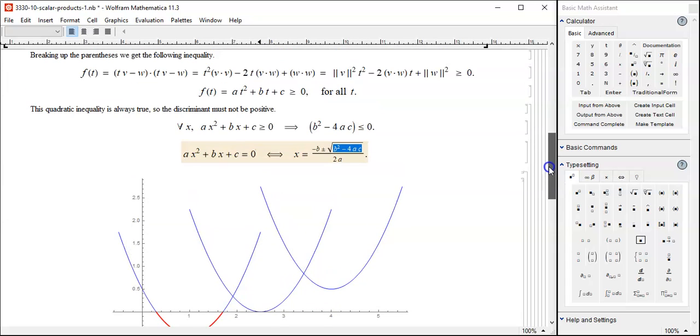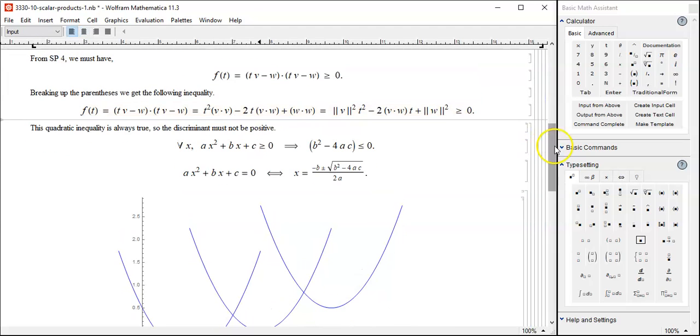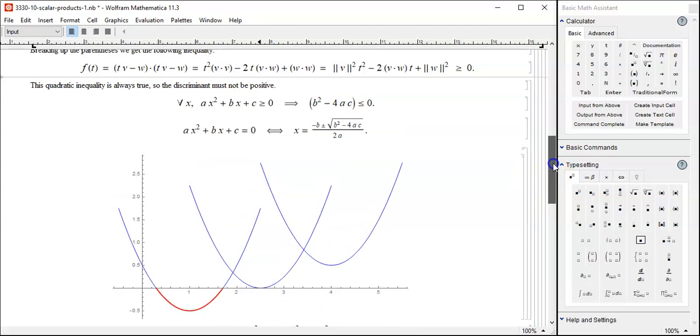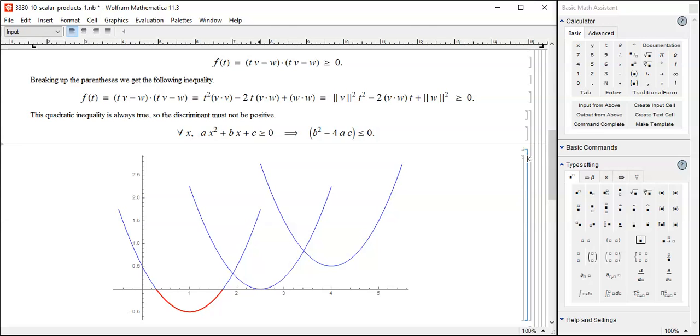So we are looking at the inside of the square root being less than or equal to 0, basically, because this quadratic expression is always greater than or equal to 0. We should not be having this. It should be either this at worst or that. So the inside of the square root, b squared minus 4ac, has to be less than or equal to 0.